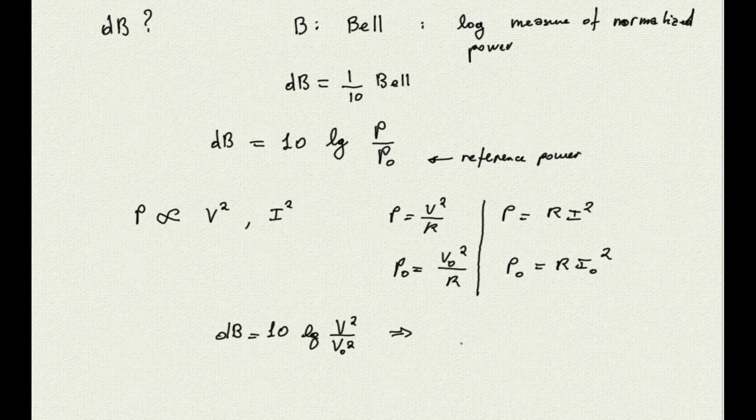Because of the way logarithms work, this power of 2 can be removed from the exponent of the voltage or the current and put as a multiplier in front of the logarithm. And so, when dealing with voltages or currents, we end up multiplying the logarithms by 20 instead of 10.